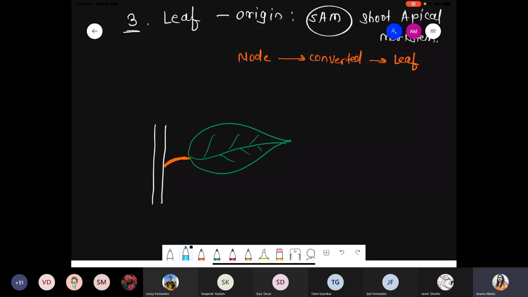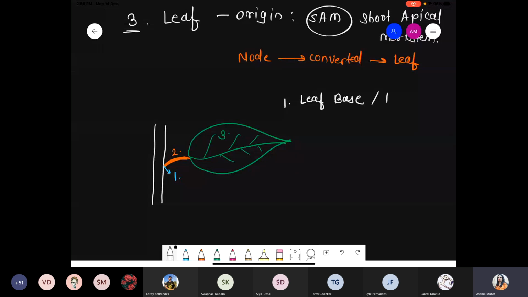So I'm giving the names one by one, means numbers actually. This part is called number 1. Now this orange color, basically, is number 2, and this green color is number 3. Number 1, basically, is called the leaf base. Number 1, that is the leaf base, where the leaf is attached to the stem.